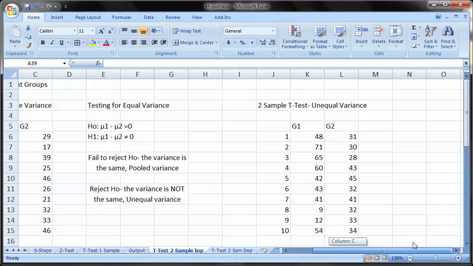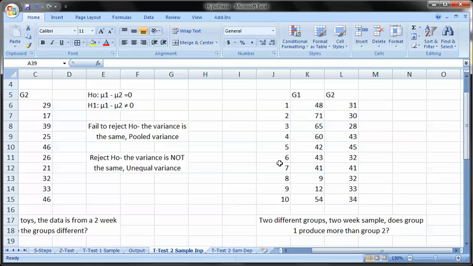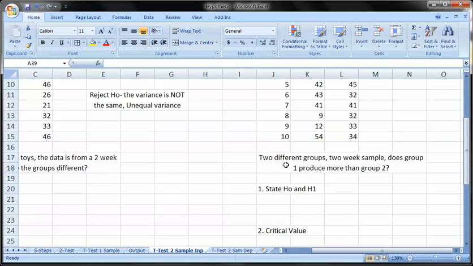All right, moving on to the second example. This one is obviously going to be an unequal variance, but let's go through the steps. Two different groups, 2-week sample. Does group 1 produce more than group 2? My null, in this case: group 1 is less than or equal to group 2.